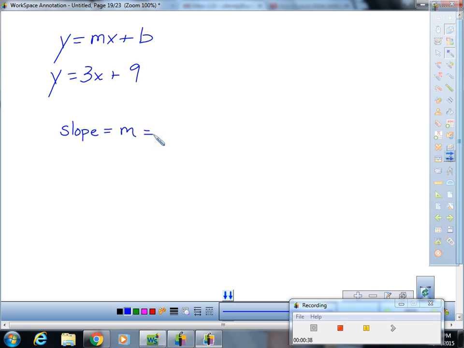So m is one way that we represent slope. Another way is change in y. Well, in math, we use the Greek letter delta to represent change. So change in y over change in x is another way we write slope.